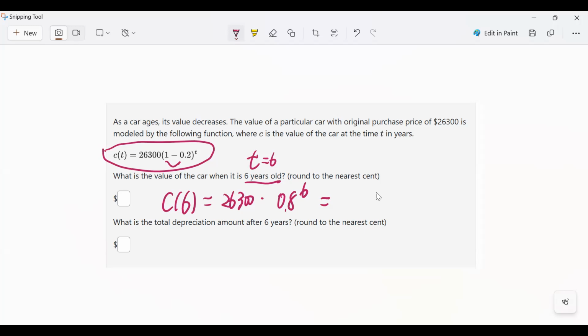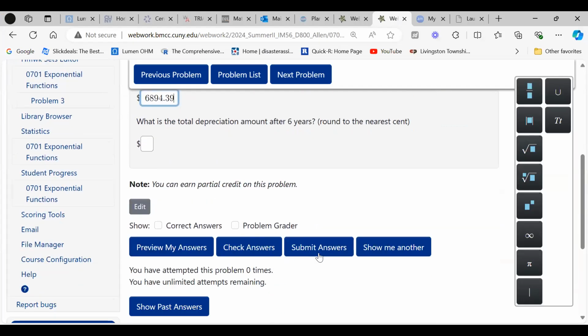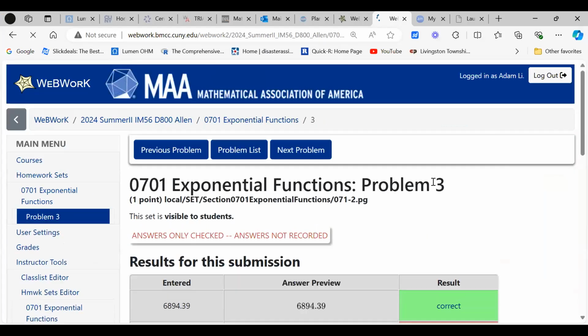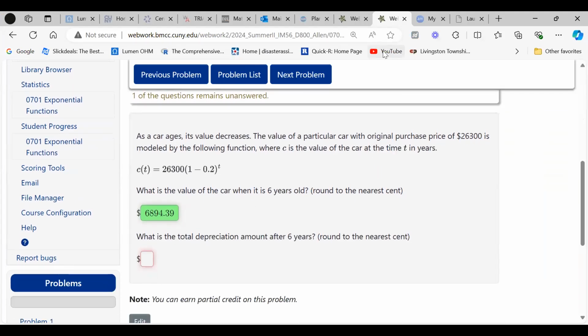That gives $6,894 and then 39 cents, since they want us to round to the nearest cent. 6894.39. Yeah, check it. This is good. And then they also want us to figure out the total depreciation.